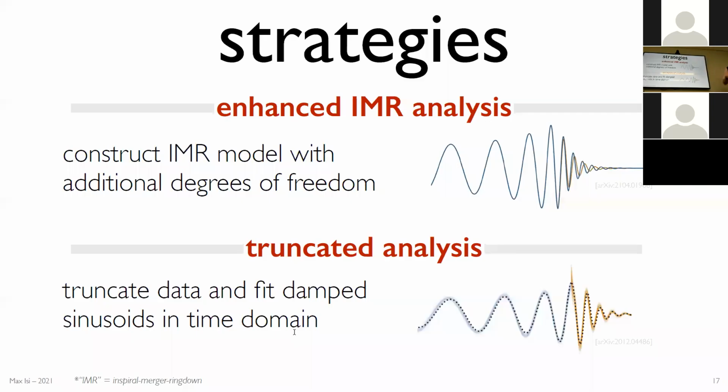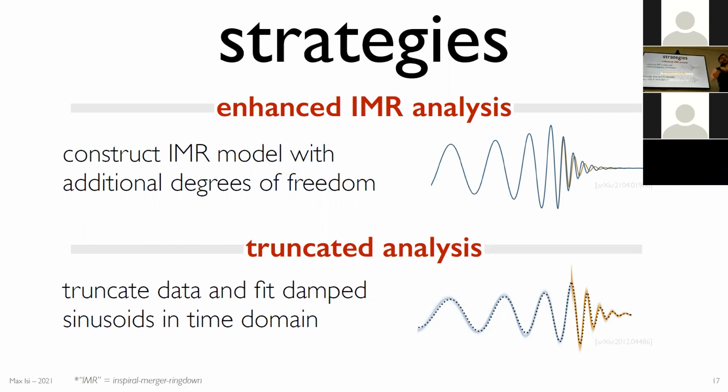So in the LIGO Virgo world, there are, roughly speaking, two philosophies for doing this that are complementary in different ways. One way would be to say, well, let's look at the way in which we measure regular parameters for our binary black holes. We have a template model that is parameterized in terms of masses and spins of the initial black holes, and that determines the full waveform, the inspiral, merger, ringdown.